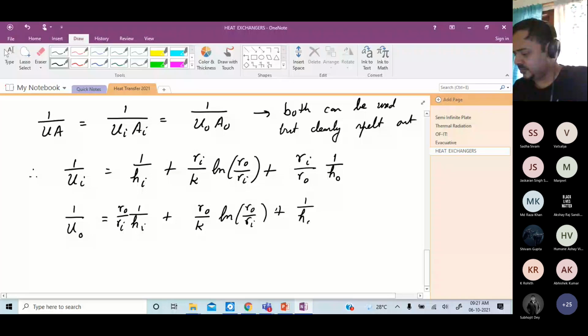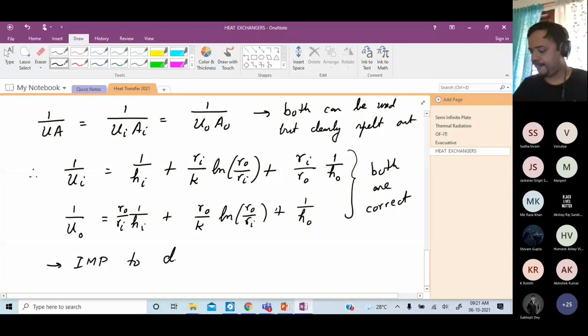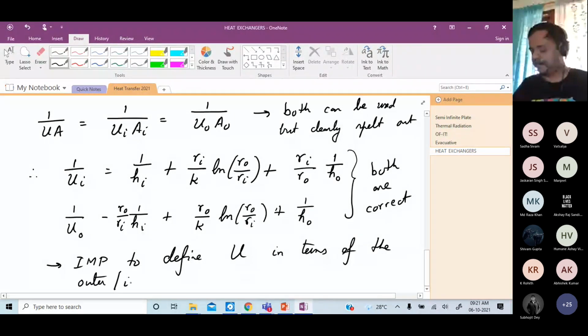So therefore, it is important to specify U in terms of the outer or inner surface area.